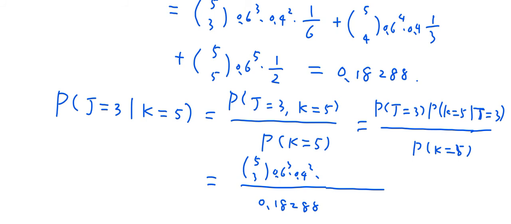When j equals 3, what is the probability that k equals 5? This probability is 1/6. So we find this probability equals this.